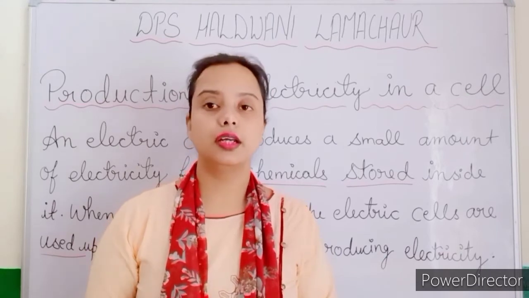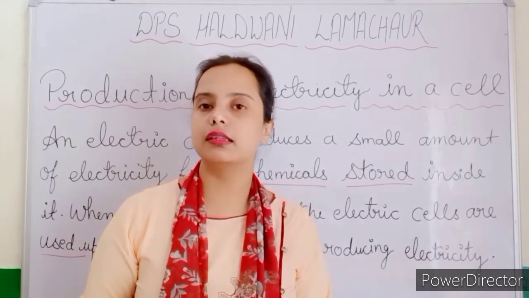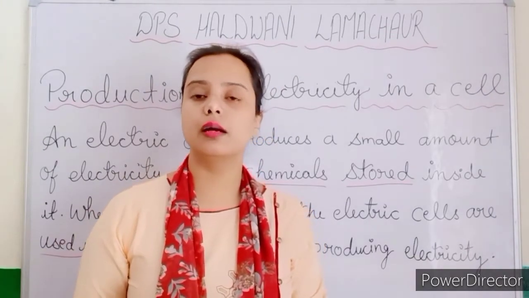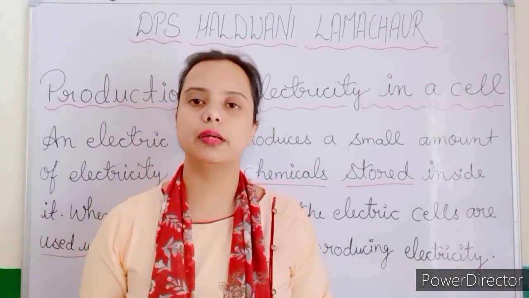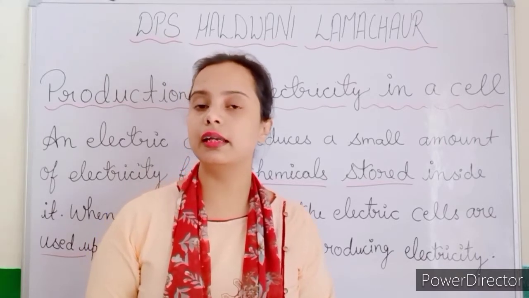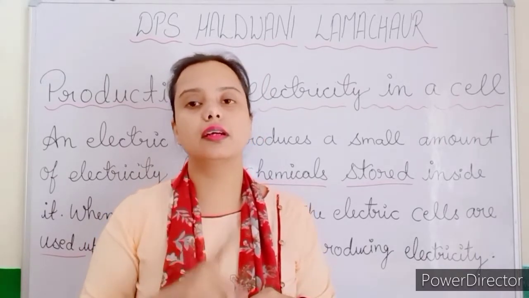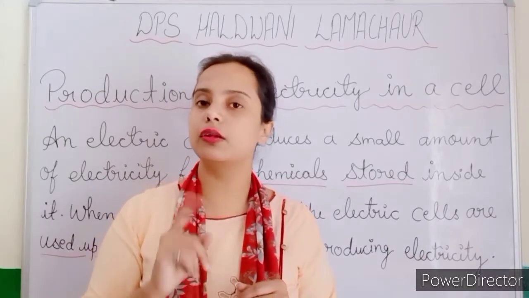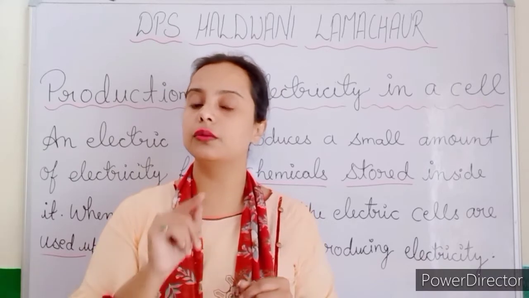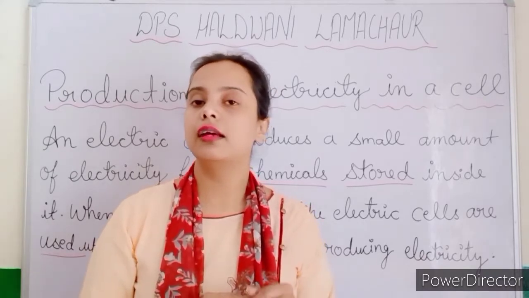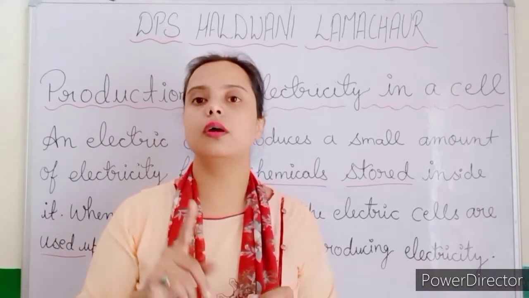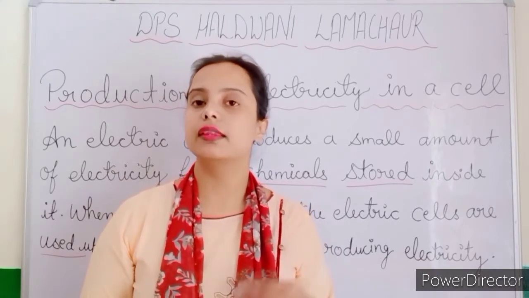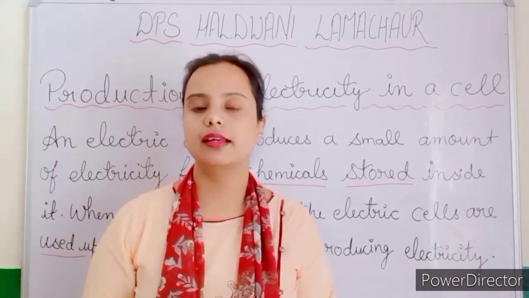ओके आपने देखा होगा कि रिमोट में क्या हो जाता है, जब इलेक्ट्रिक सेल आपके काफ़ी टाइम तक चलते हैं, उसके बाद आपका जो रिमोट है वो वर्क करना बंद कर देता है. And what you do at that time, you change that electric cell. When you buy a new electric cell and change the old one, then again your remote or anything in which you are using the electric cell starts working, है ना?